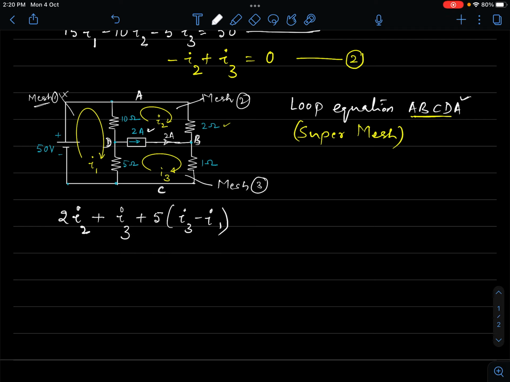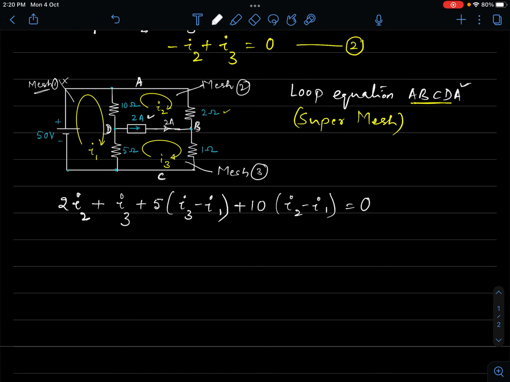So 5 into I3 minus I1 is the drop in potential. I have come up to D. From D to A I will have to go. Now what is the current flowing through the 10 ohm resistance? From D to A through 10 ohm, it is I2 minus I1. So you have to be very careful. Equal to 0. This is my equation.